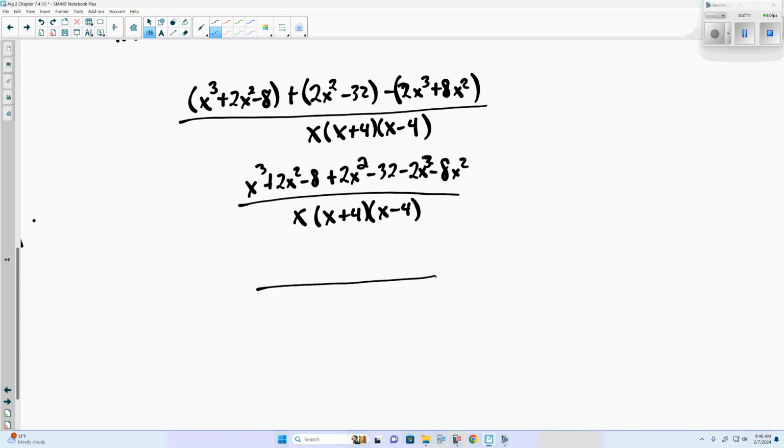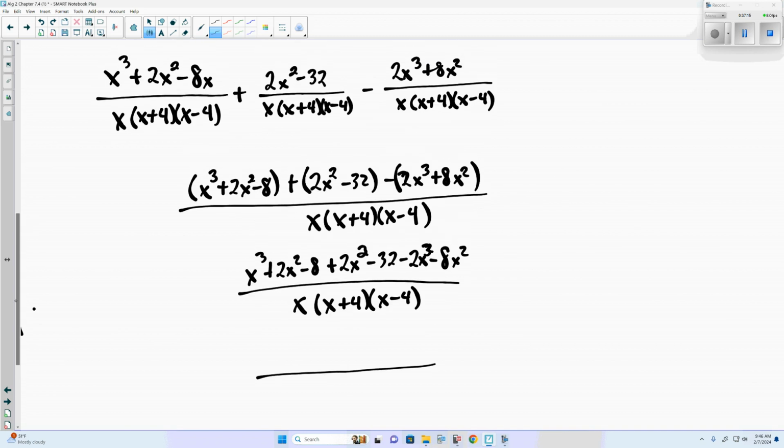Combine like terms. Questions? Because I know I'm getting a little quick. Because the negative, when we're subtracting that last term, the 2x squared, or not 2x squared, 2x cubed becomes negative.